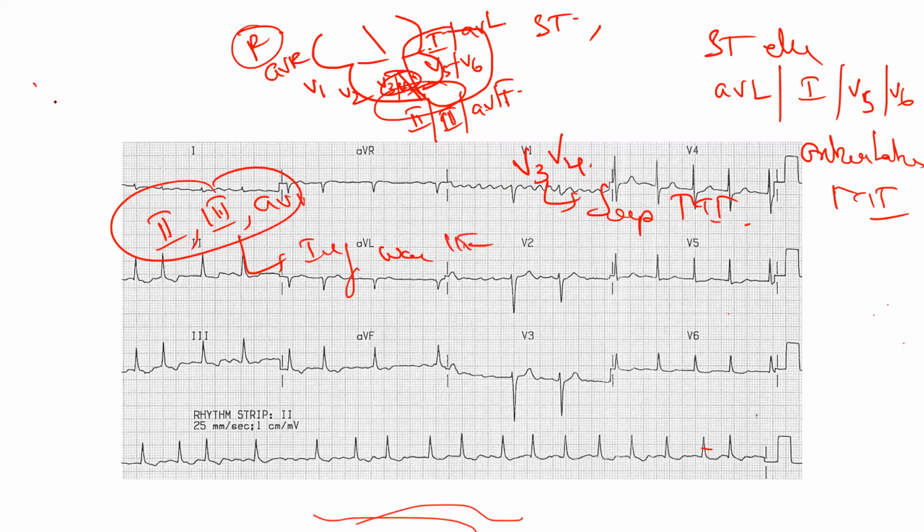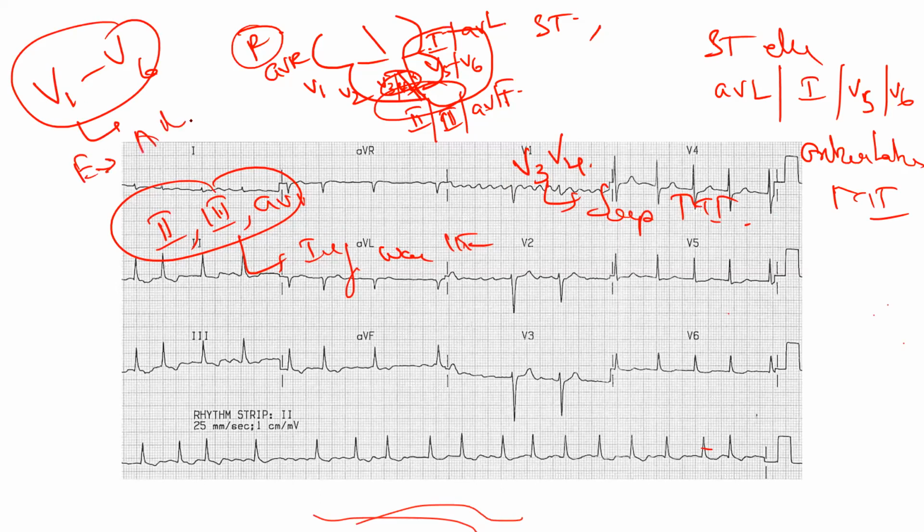If you find ST elevation from V1 to V6, that is an extensive anterior wall MI because they're all facing the anterior part of the heart. 2, 3 and AVF are facing the inferior part of the heart. 1 and AVL are facing the left side of the heart. So if you find ECG changes in only AVL and 1, it means lateral wall MI.